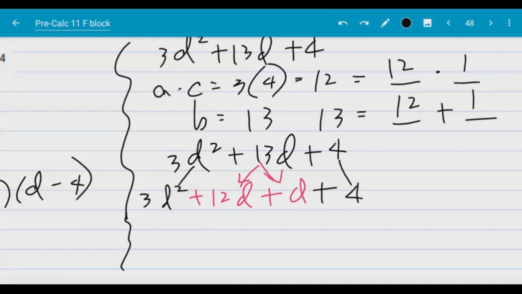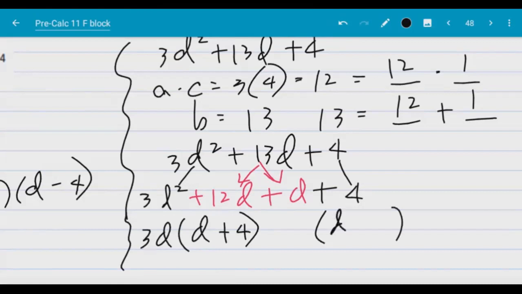So that means we can factor out 3d from the first two terms, and we have d plus 4. Okay, quickly check: 3d times d is 3d squared. 3d times 4 is 12d. And I told you last time that if you are doing this correctly, the next binomial that you will have should have d plus 4 also.